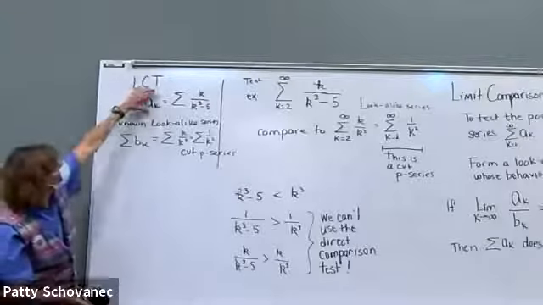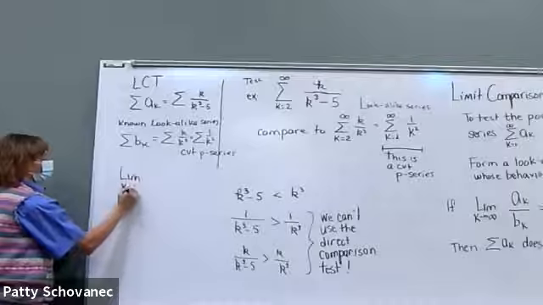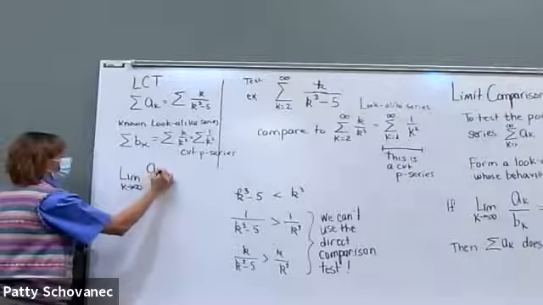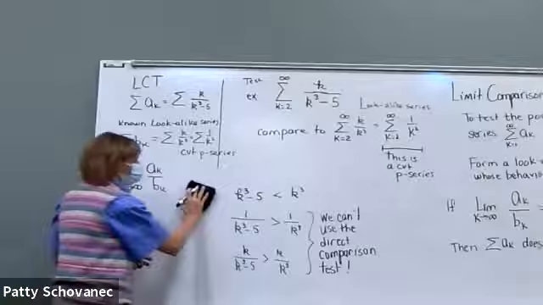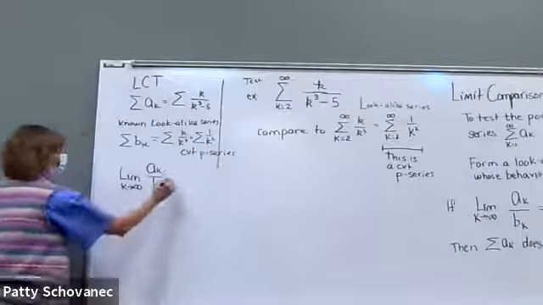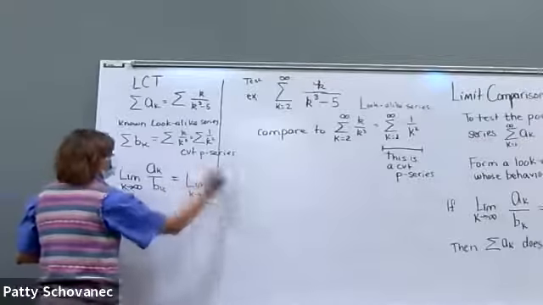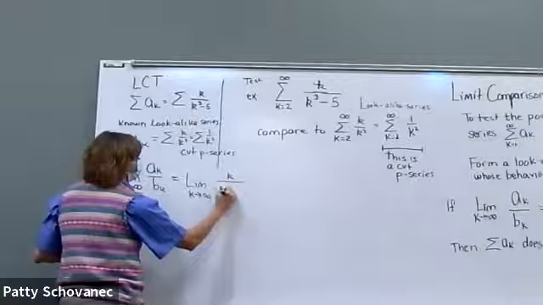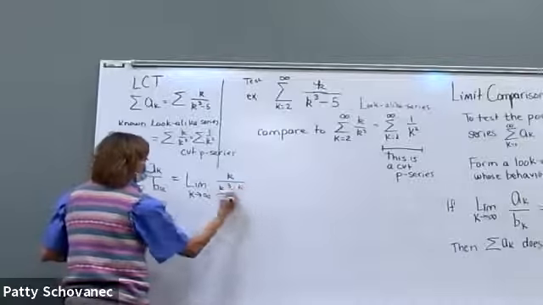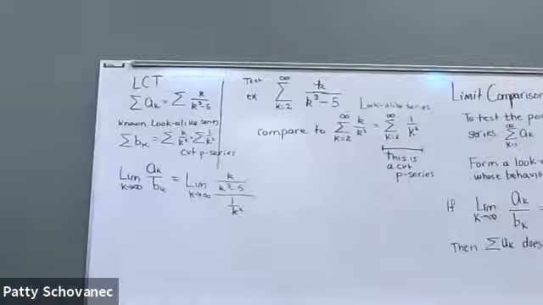Let's take the limit of the AKs over the BKs. All right, so my AKs were k divided by k cubed minus 5. I look at my BKs in their simplified form, 1 over k squared. I can put that together as a single fraction by doing the flip and multiply step.